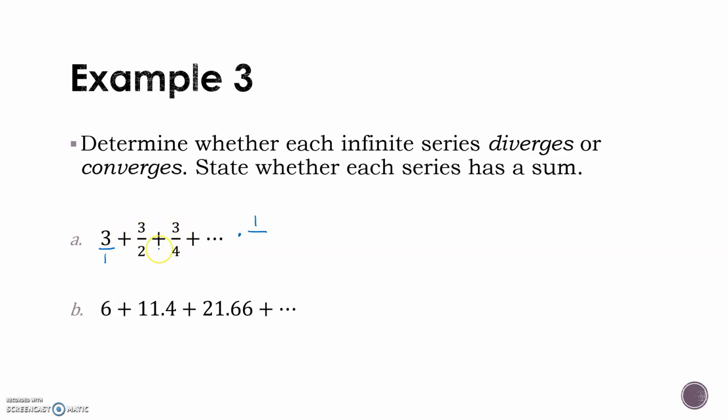So just multiplying by 1 keeps that numerator the same. In the denominator, I can see that my pattern is that I'm multiplying by 2. I'm multiplying by a half every time. So the absolute value of 1/2 is less than 1. So that means that this converges. And yes, it has a sum. That's all you've got to say is yes. You don't have to tell me what the sum is.